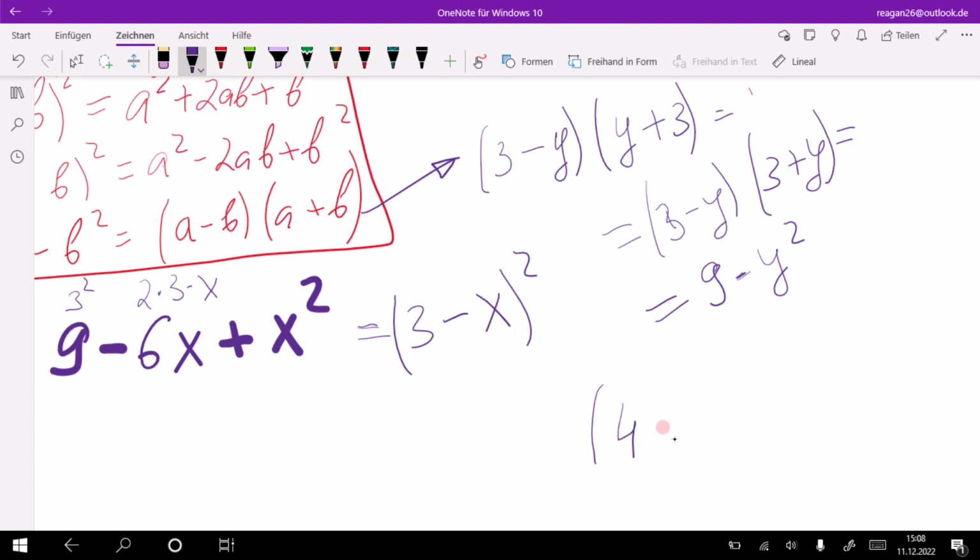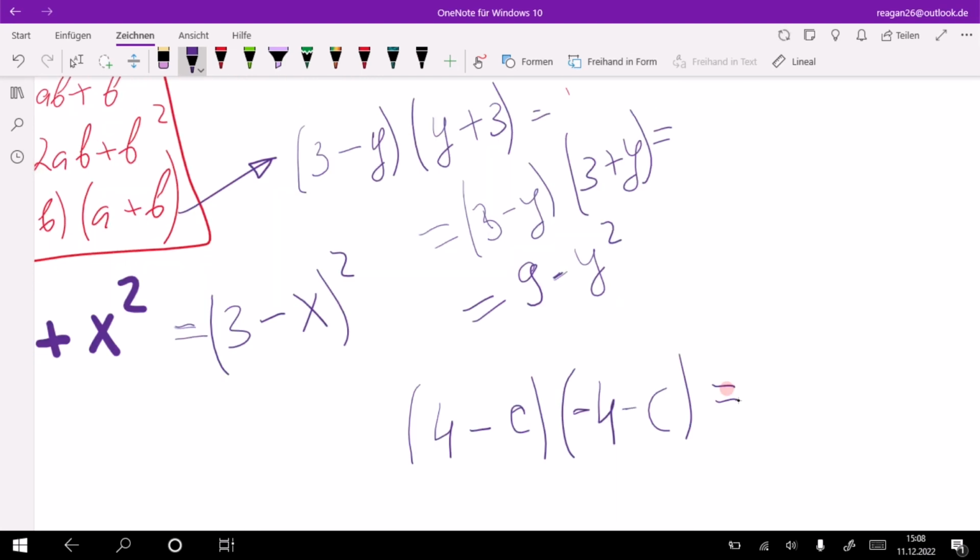The other example, 4 minus c times minus 4 minus c. You know that we can take minus out of our grouping.